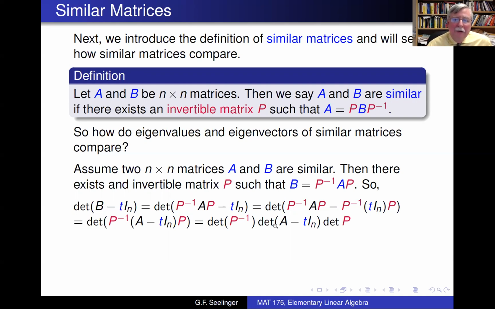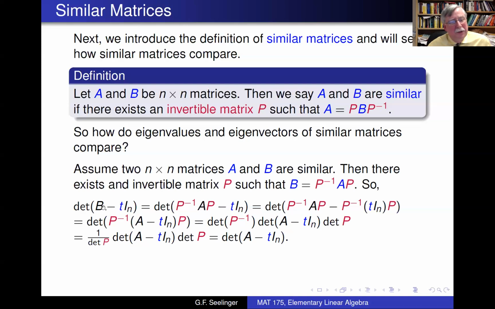Here's the characteristic polynomial of A. For P and P inverse, those determinants by theorem 6a are 1 over the determinant of P and the determinant of P. These are numbers, so they commute. I can move this over to that side and cancel with the 1 over determinant of P, and I get the determinant of A minus T times the identity.